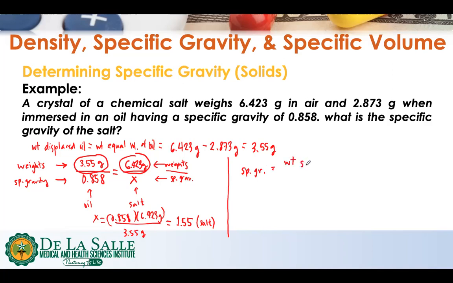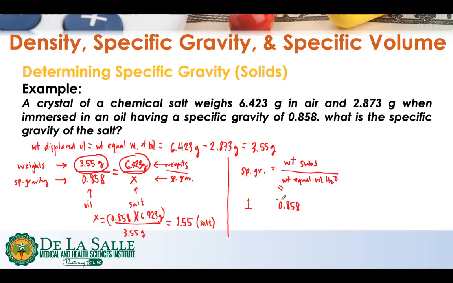The specific gravity, remember, is the weight of the substance divided by the weight of an equal volume of water. So to be able to use this formula, we need to get the weight of an equal volume of water. And how do we get that? We know that the specific gravity of water is 1. We also know that the specific gravity of the oil is equal to 0.858.